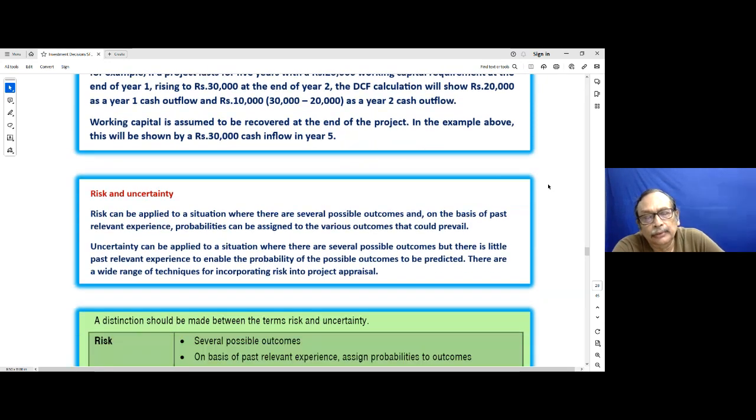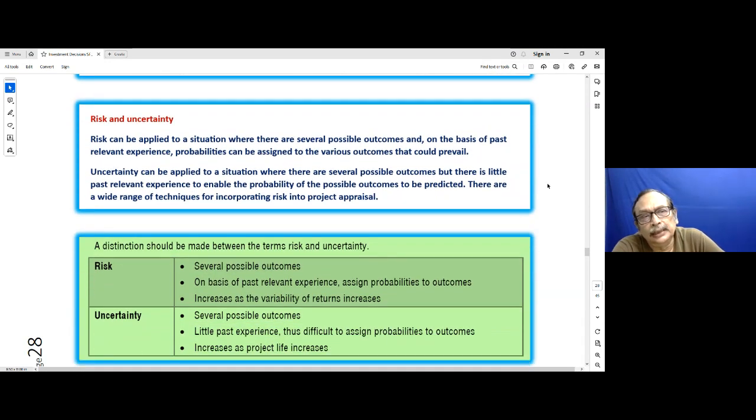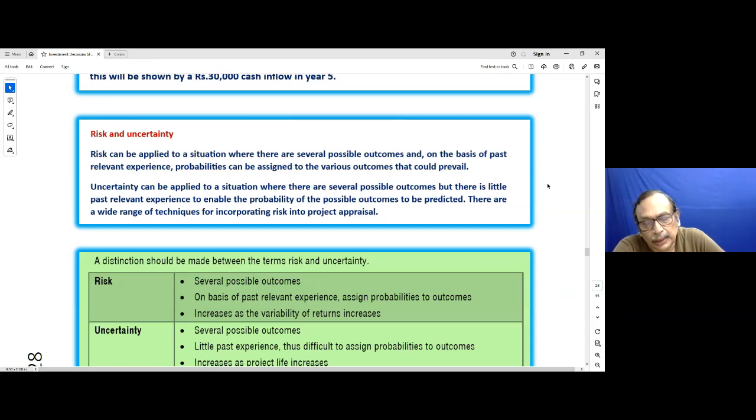Now we are coming to risk and uncertainty in the context of investment decision and project appraisal. Risk can be applied to a situation where there are several possible outcomes, and on the basis of past relevant experience, probabilities can be assigned to the various outcomes that could prevail.